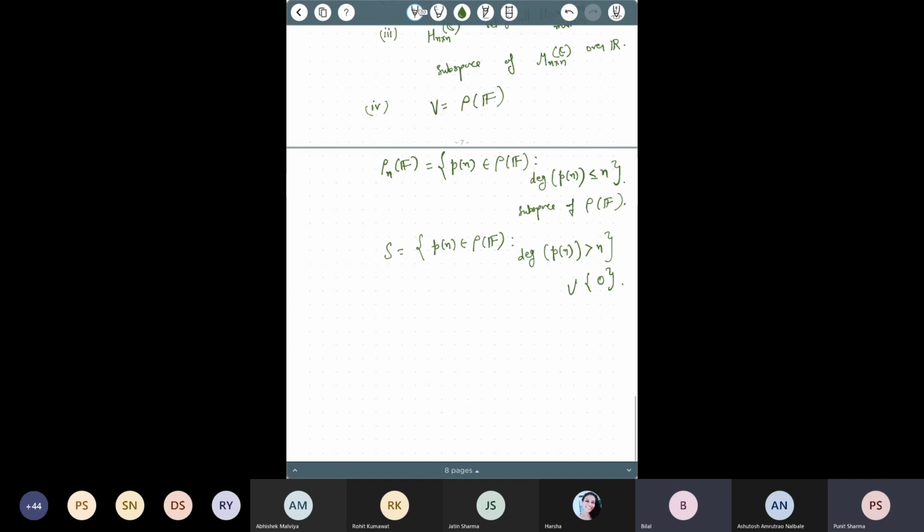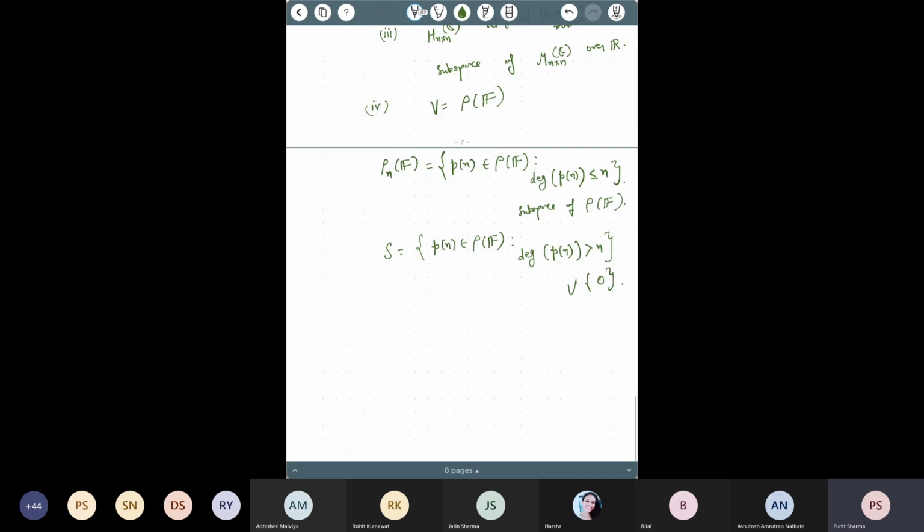And since you also have the zero polynomial, this forms a subspace. For scalar multiplication there won't be any problem, only the addition you need to check. For the addition, including zero, this makes a subspace, but if you exclude zero, it won't be a subspace.